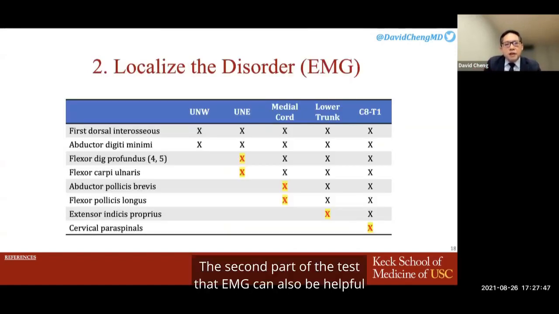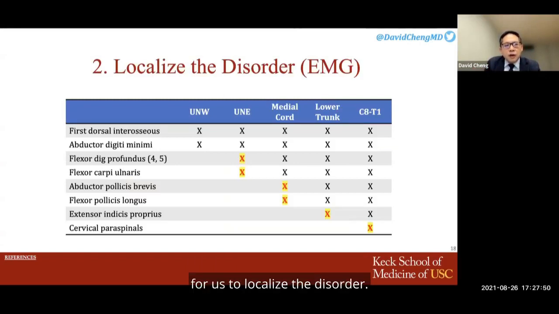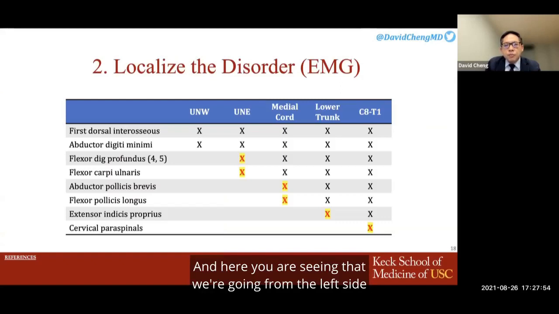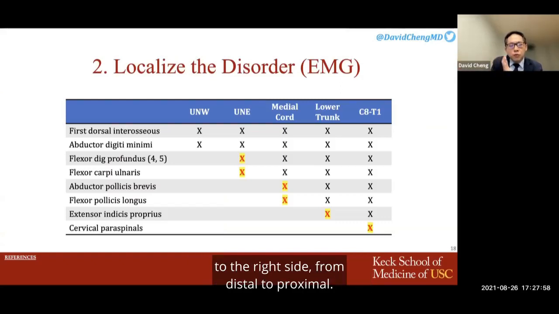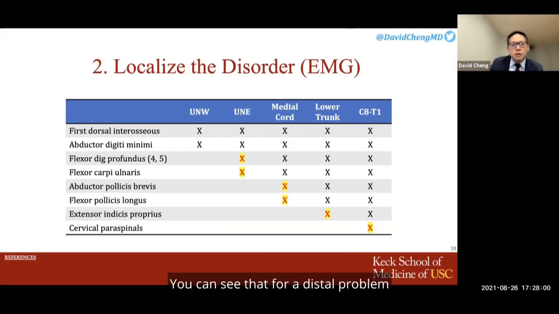The second part of the test, the EMG, can also be helpful for us to localize the disorder. Here you are seeing that we're going from the left side to the right side, from distal to proximal. You can see that for a distal problem, provided that there is motor axonal loss, there are fewer muscles involved.